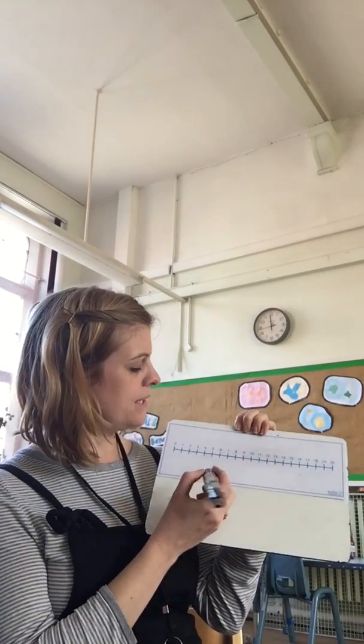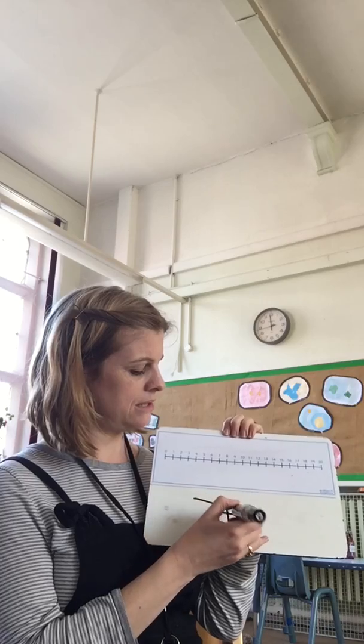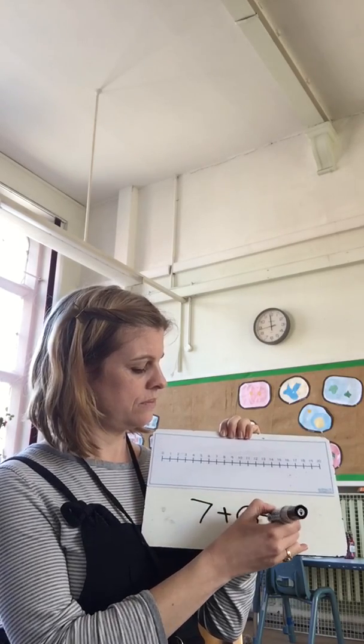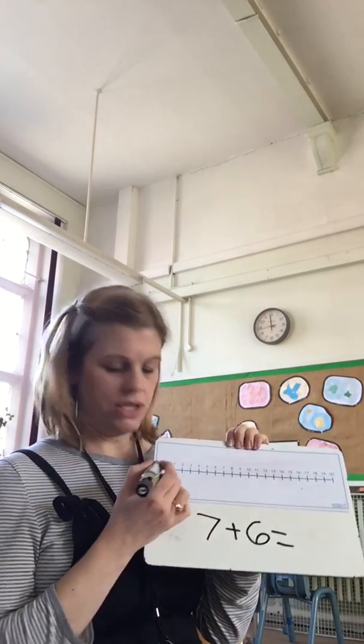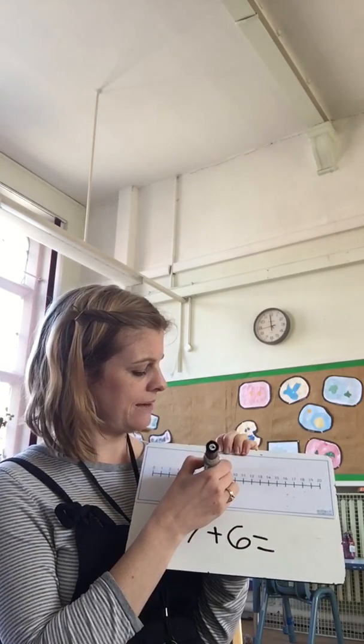Let's do another one. This time I'm going to do 7 add 6. 7 add 6. Don't need to go from 0 because my first number is 7. I just start on 7. Here's 7. And I'm going to add 6.